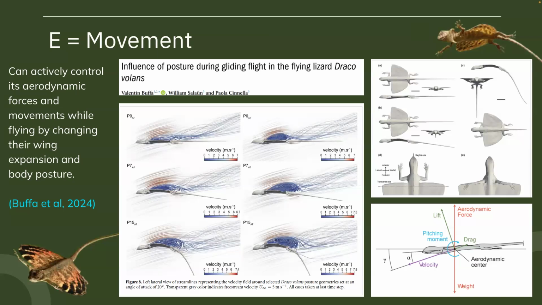In the top right, you can see the models they made, and they tested a lot of different body postures that have been seen, and they found that they can modulate this while they're in the air, and that they plan their glide paths prior to takeoff, which is pretty cool to see.